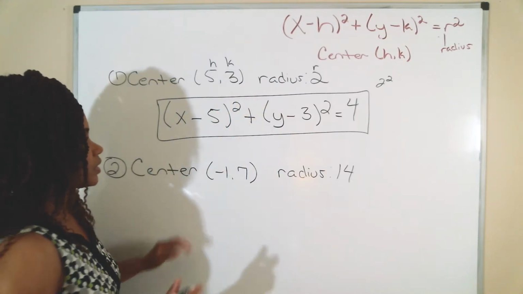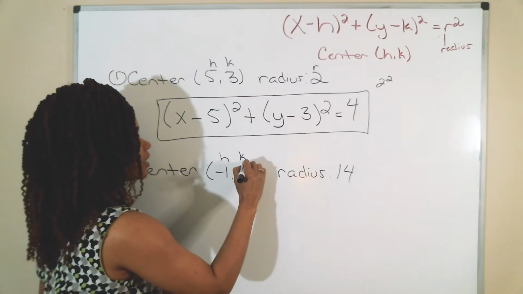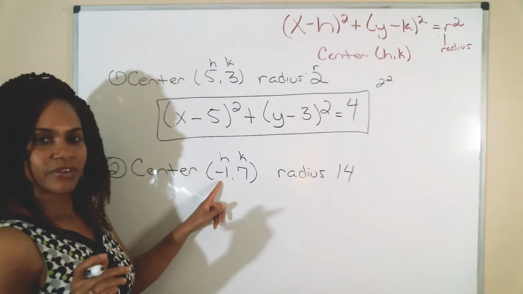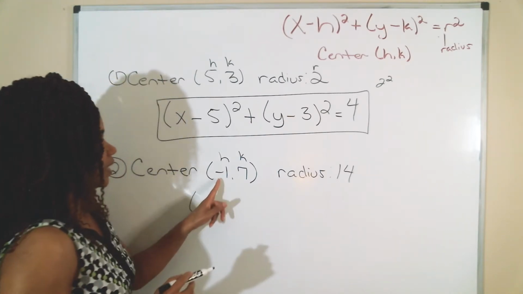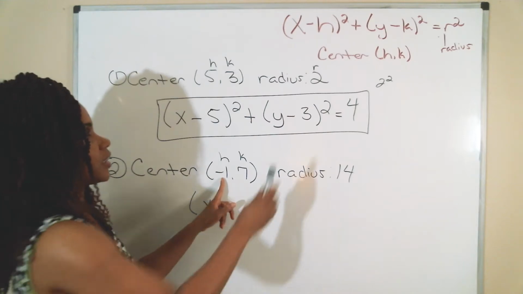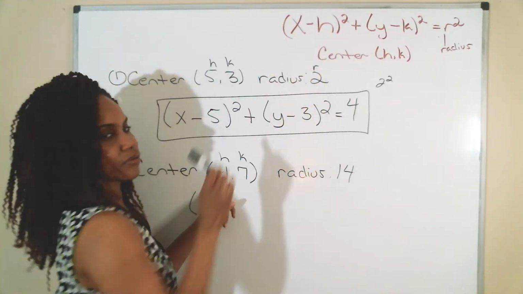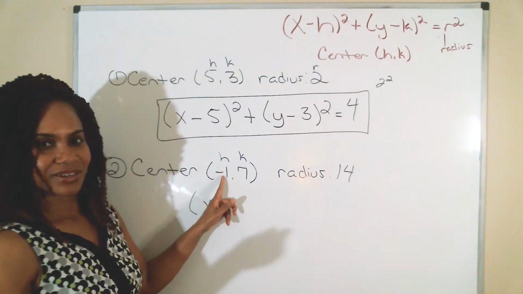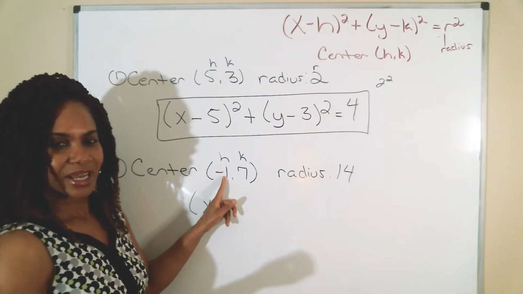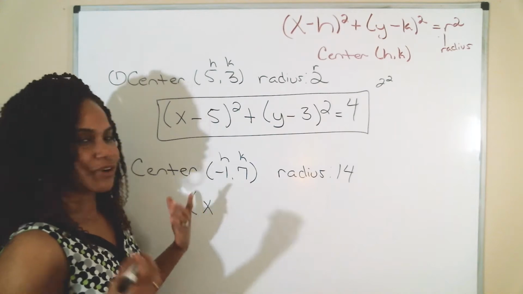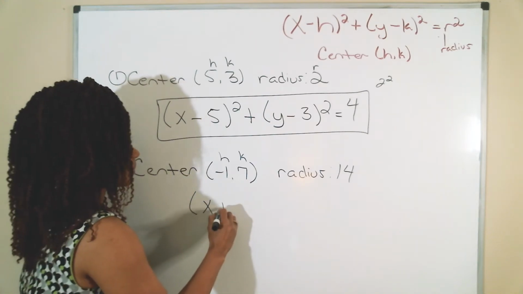The second one, again, I'm just going to label it h, k. A little different because we have that minus here. So that would be x, we have minus 1, and we have a negative in our formula, and we have a minus and negative here. So when you subtract a negative, what do you get? You get a positive. So minus a negative, or a double negative, is going to give you a positive.